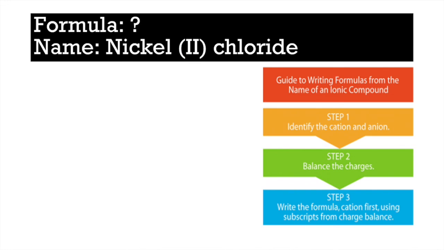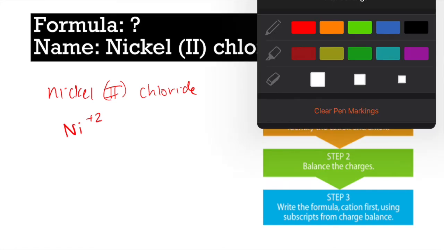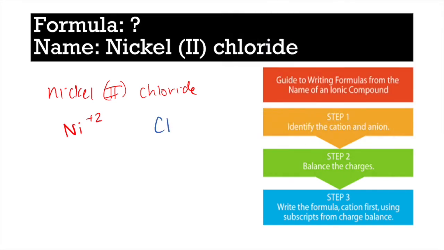Okay, so let's do one more. Now we have nickel 2 fluoride. So, nickel is Ni. What does that Roman numeral 2 mean? You should say it's that +2 on nickel. And again, we know chlorine is Cl with a -1 charge. So again, nonmetals, you're always using that top number, even if there are multiple versions of it.